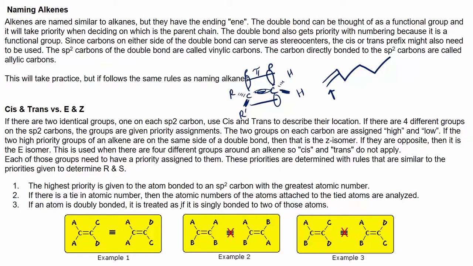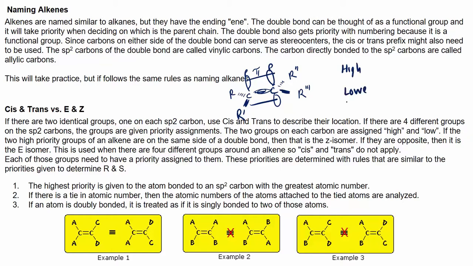Now if you have an alkene that has 2 or 4 different groups, then we need to assign priorities to those groups. Similar to the way that we assign priorities around an asymmetric center with our CIP priority assignments. We will assign a high and low to each of the groups on each of the carbons.